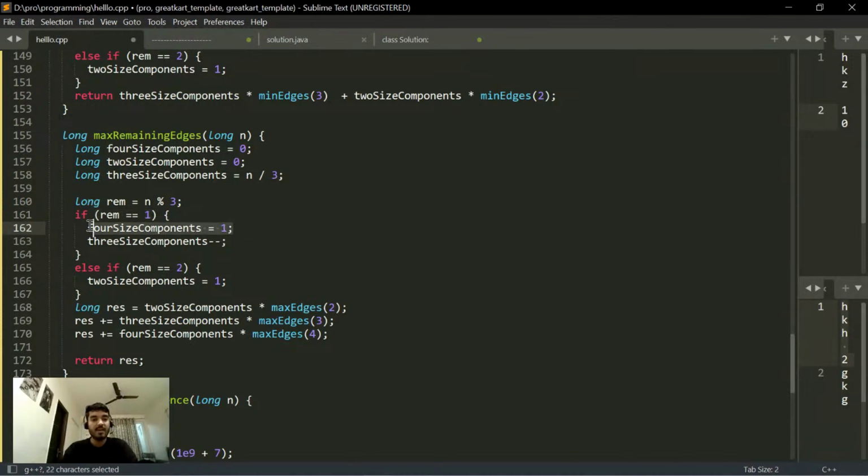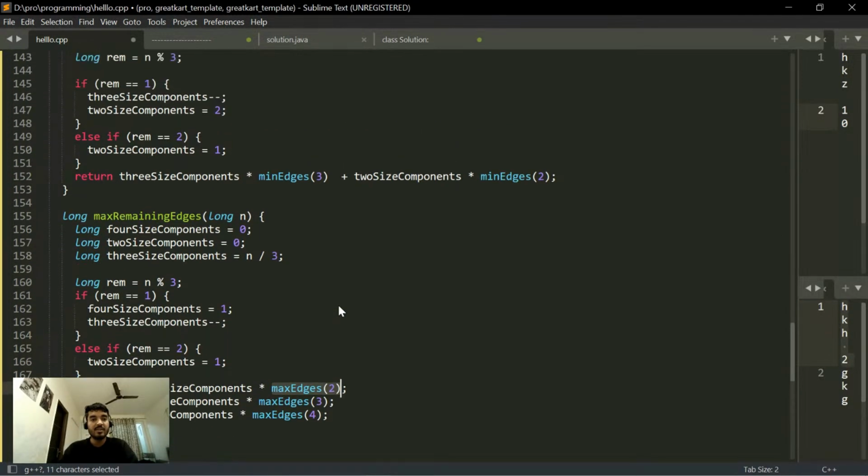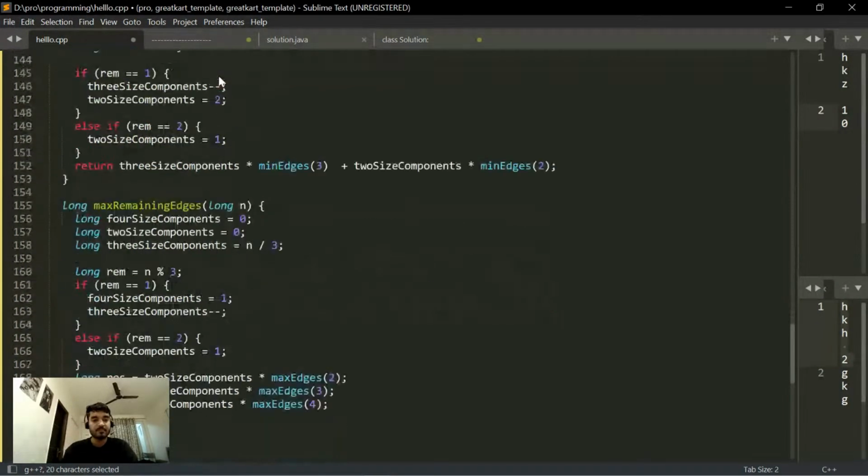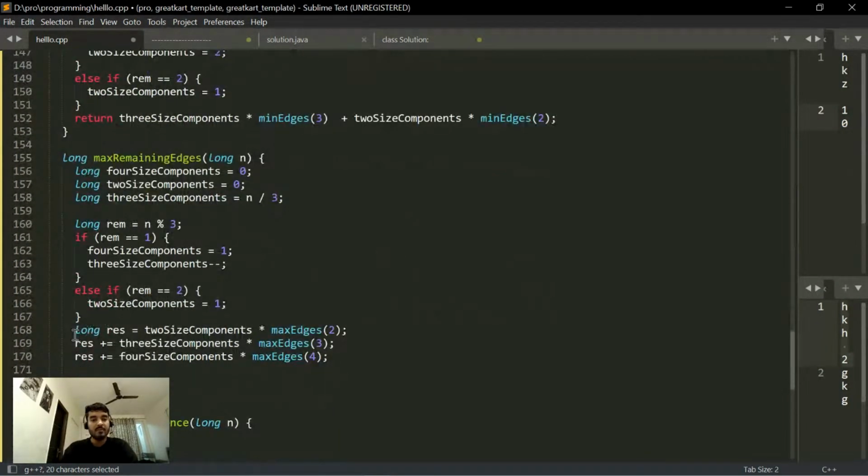So I will convert it into a four-size component, and the three-size component is decreased by 1. If the remainder is 2, then the two-size component is increased by 1, and my answer is simply equal to the maximum number of edges required for the two-size component. This is simply the formula of a complete graph, n multiplied by n minus 1 divided by 2, and the minimum edges required is a tree-like structure, so this is simply n minus 1. In this way I will find the answer, and finally I'm returning it.